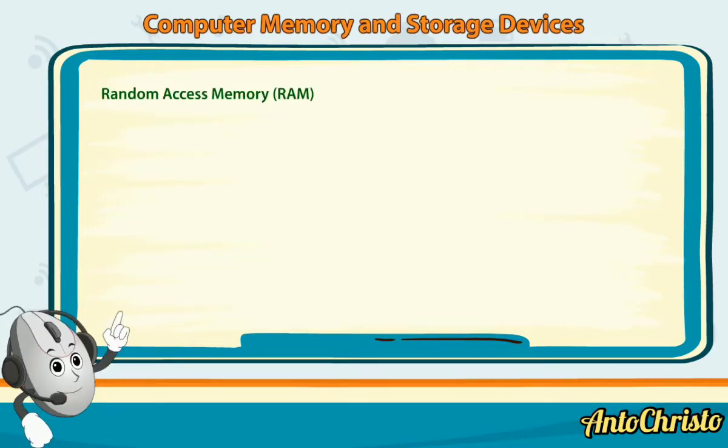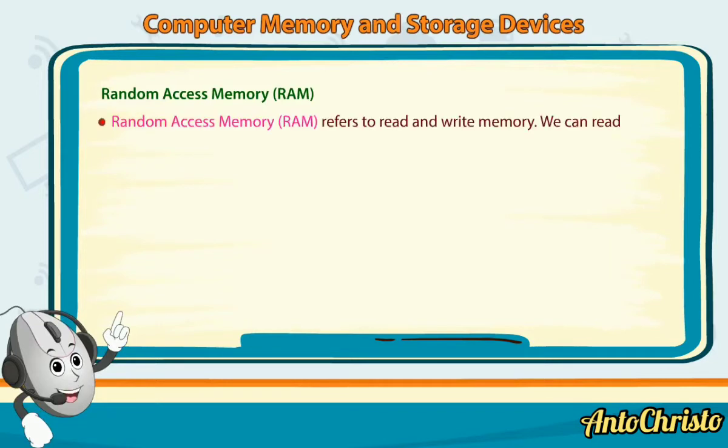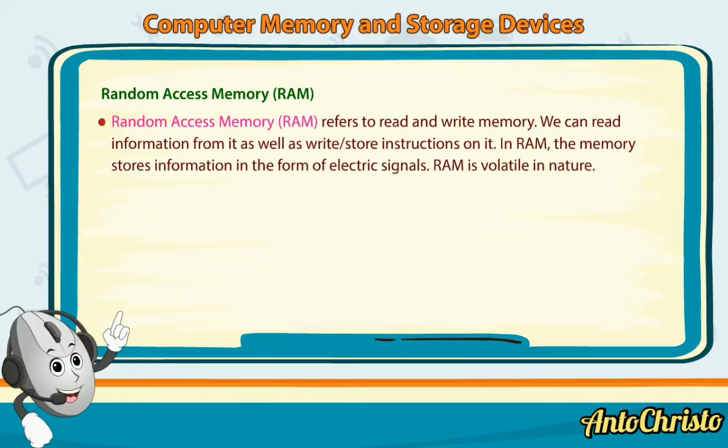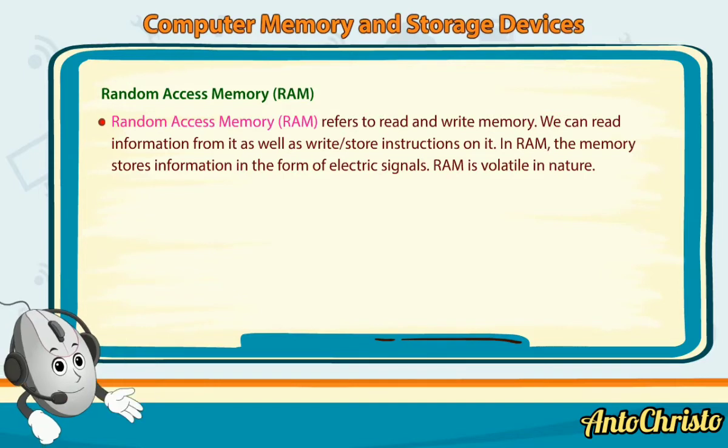Random Access Memory (RAM). Random Access Memory (RAM) refers to read and write memory. We can read information from it as well as write, store instructions on it. In RAM, the memory stores information in the form of electric signals. RAM is volatile in nature.